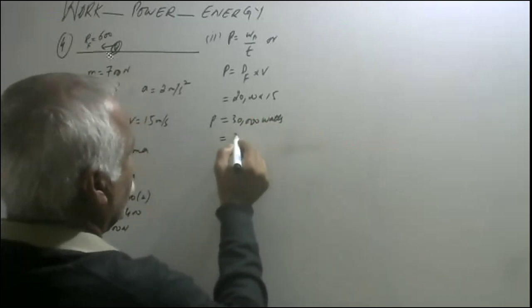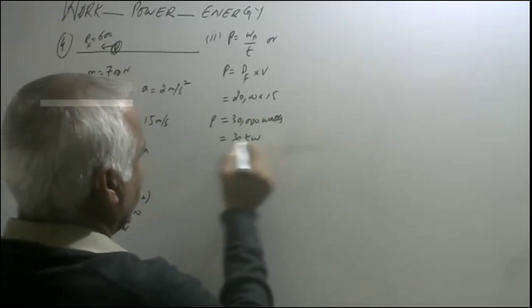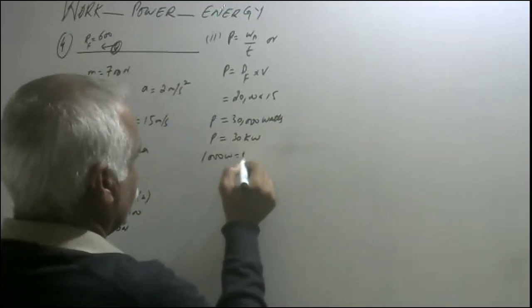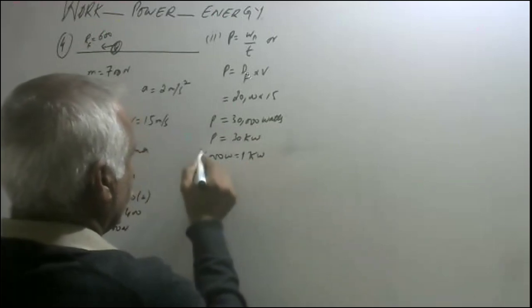This can be written as 30 kilowatts, because 1000 watts is equal to 1 kilowatt.